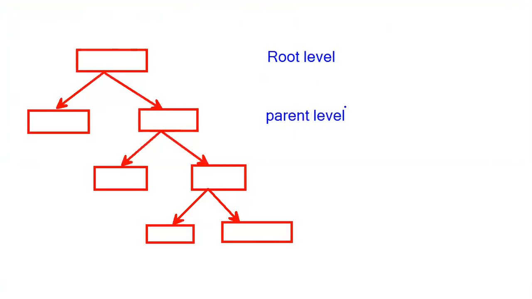Next, these are the child levels, child 1 and child 2. And finally these are the leaf levels.